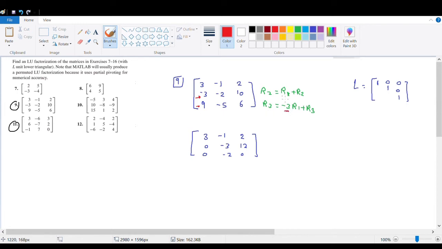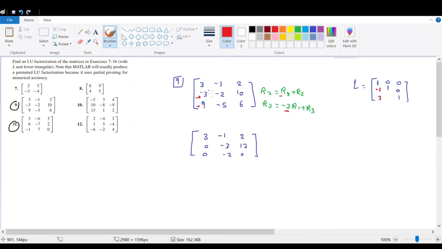So now we will take the coefficient of what we did here. For this first one, the coefficient of row 1 is 1, so we'll take -1. Here the coefficient of row 1 is -3, we will take 3.